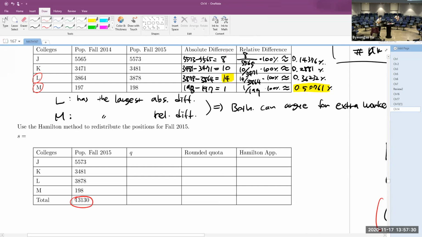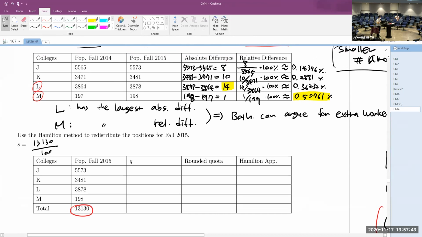the total population is 13,130. So it is 13,130 over 100 because there are 100 student workers, so it should be 131.3.